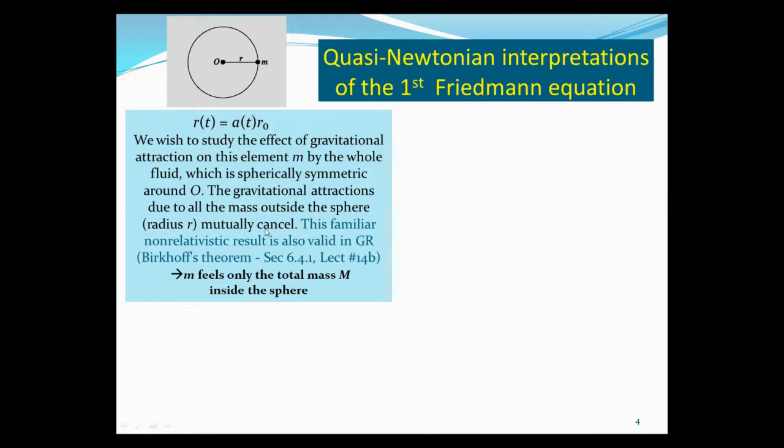They mutually cancel. This is a familiar Newtonian effect, but it's also valid in GR, part of the so-called Birkhoff theorem we talked about in lecture 14.